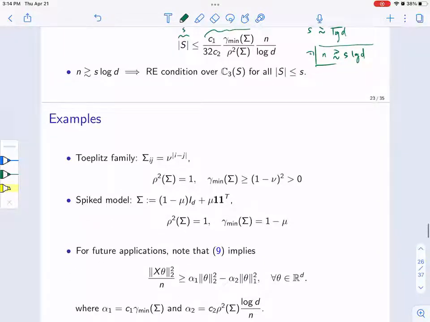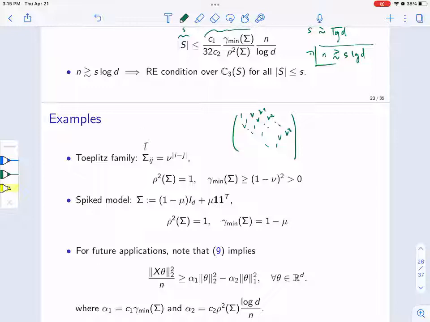The other example is where you have this Toeplitz family. So it's like 1, 1, 1, 1, and then nu above and below the diagonal, and then nu squared. So it's like the covariance matrix of a stationary time series. So nu is less than 1, so it decays as you go away from the diagonal. This is saying if the distance between two elements is large enough, the covariance is small.